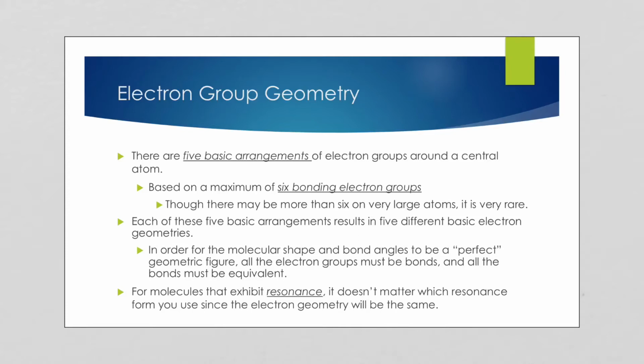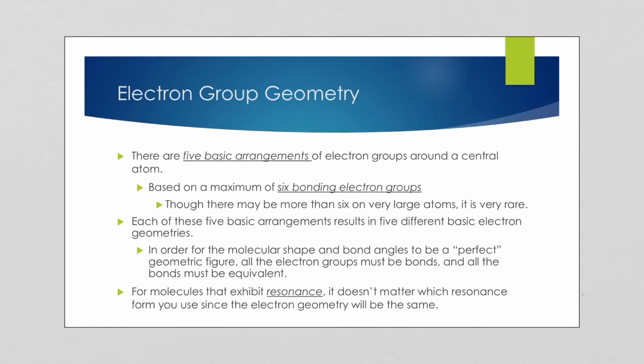Very rarely do we see anything beyond 6 groups. And you won't see anything in our studies here. And each of the 5 basic arrangements comes from having a different number of electron groups.